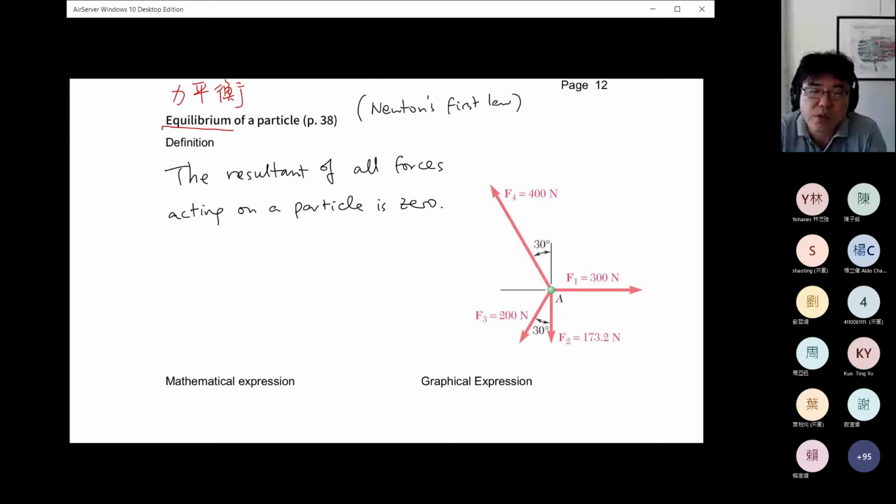The resultant means the total force, right? The total force of all forces acting on a particle is 0.